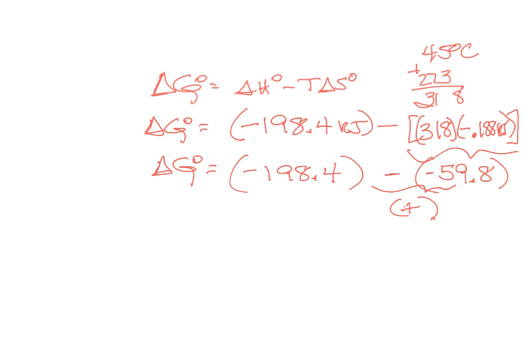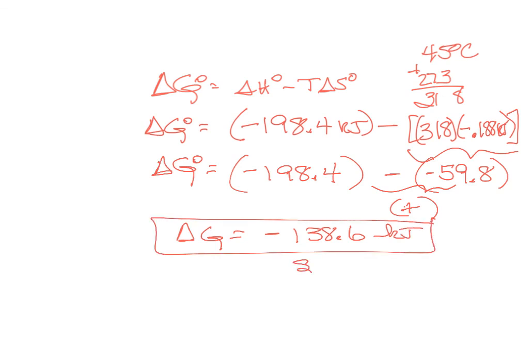The final delta G value is minus 138.6 kilojoules. That is a spontaneous process, because it's negative. It takes a lot of practice to do these, so the more problems you can do, worded all different ways, the better off you're going to be in succeeding. That's it for this PowerPoint.